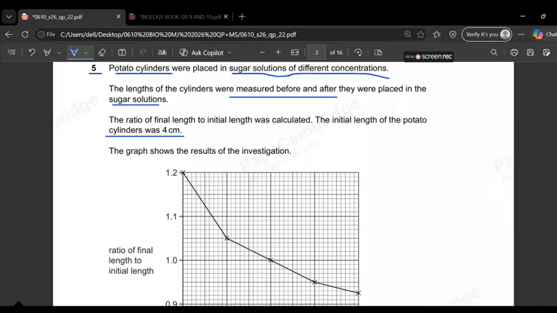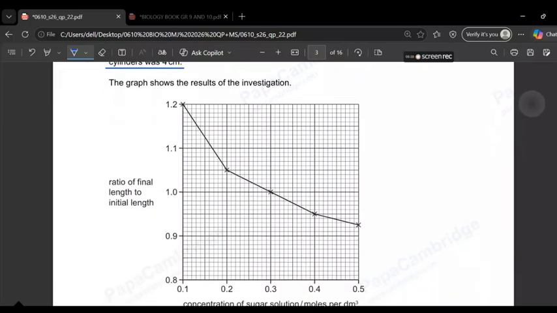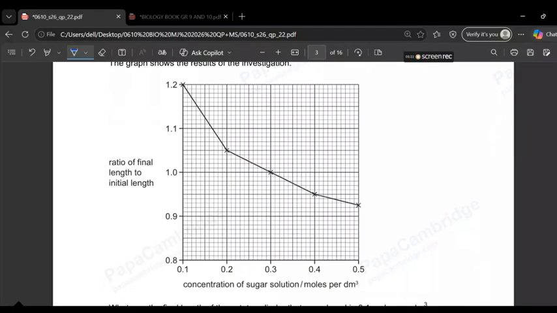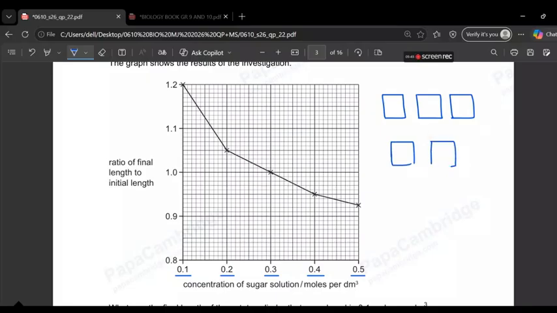So if I try to make it simplified for you, I'll go just by making simple diagrams. You have 5 concentrations. So if you see 0.1, 0.2 moles per cubic decimeter, 0.3, 0.4, 0.5. So it looks, we have 1, 2, 3, 4, and 5 beakers.